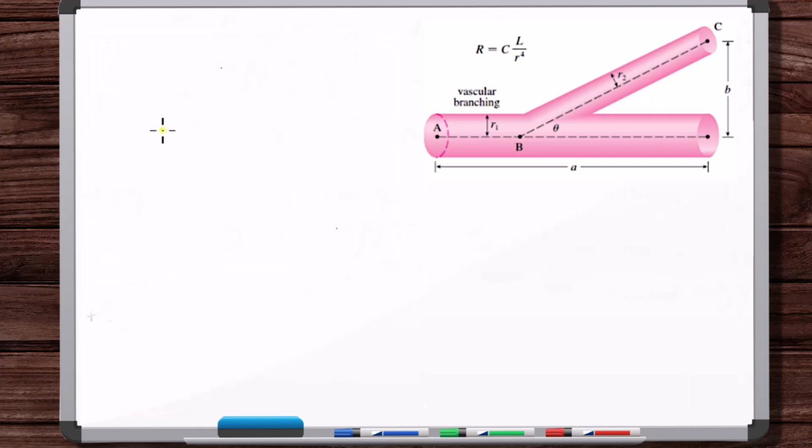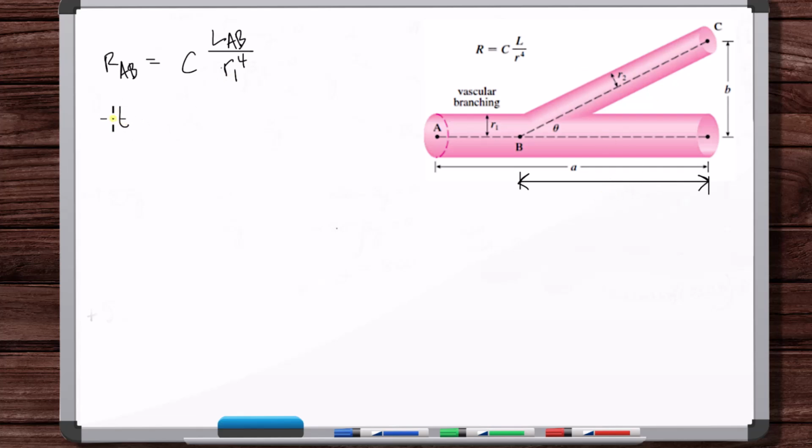So R from A to B is this constant C, L_AB over r1 to the fourth. But we want to express this in terms of all the constants given here. So what is this distance here? This distance is L_BC.